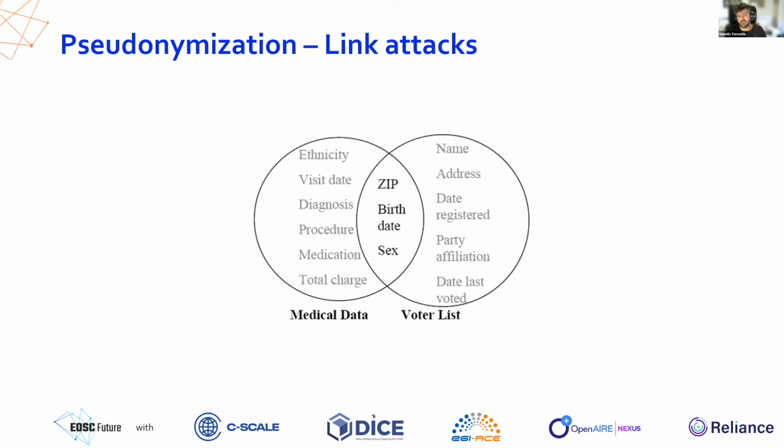The basic technique for protecting privacy, which in everyday practice we call anonymization, although it's not anonymization in the GDPR sense, is just to remove direct identifiers.